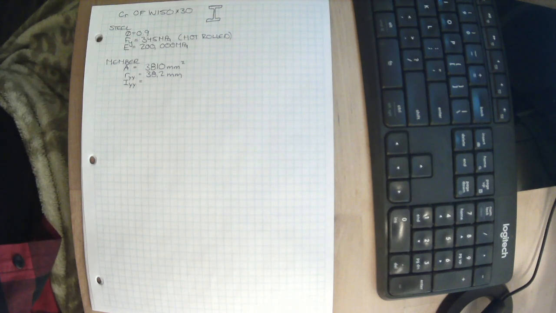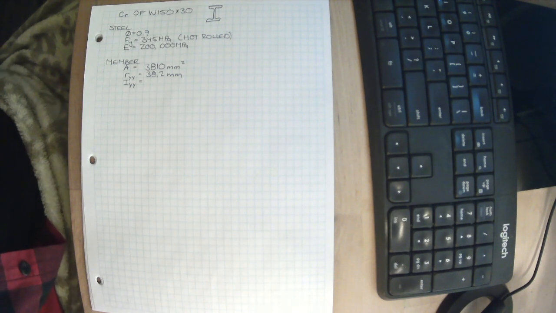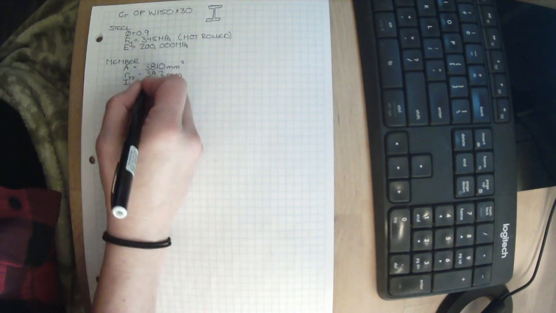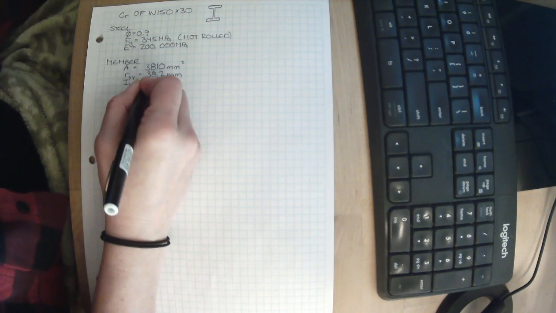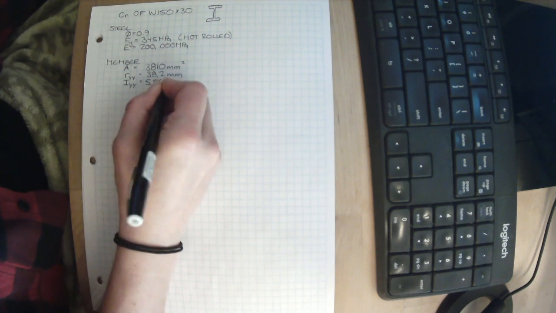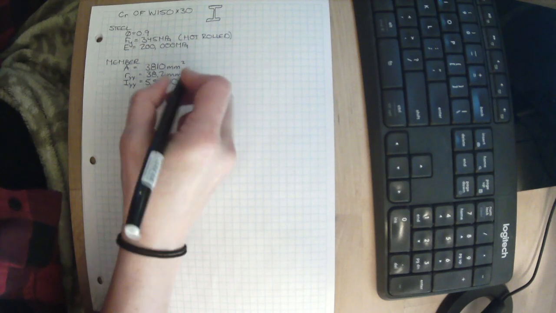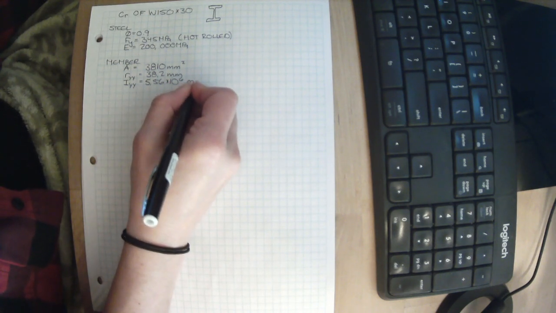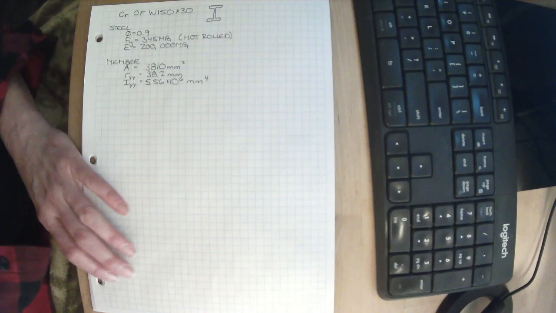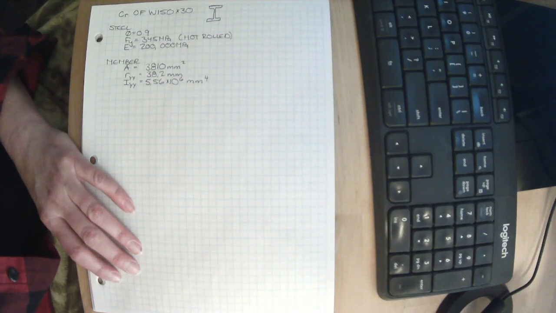Yeah, I was looking at the wrong one there. When we were talking about it, I started looking at a 150 by 37, but the 150 by 30 is 5.56 times 10 to the 6 millimeters to the fourth.